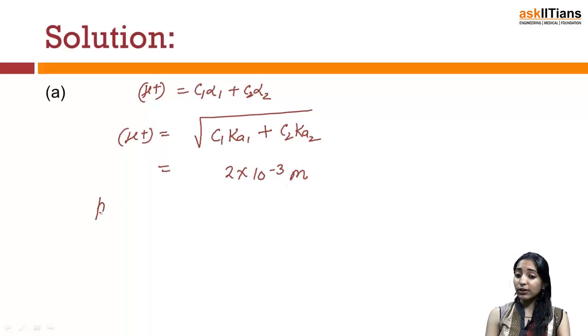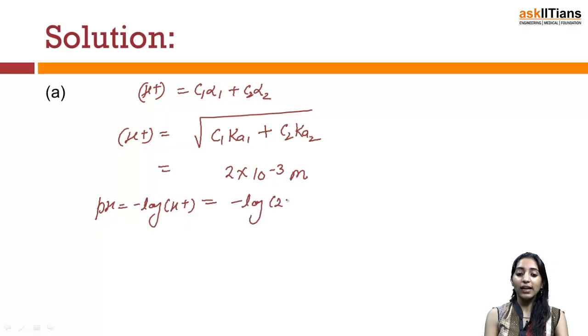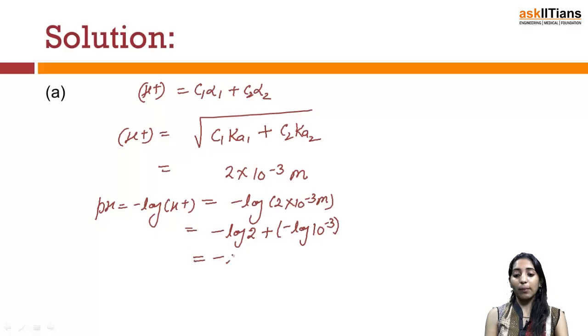Now if the value of H positive is 2 into 10 to the power minus 3 molar, I can say pH will be minus log of H positive, which is nothing but minus log of 2 into 10 to the power minus 3 molar, which is minus log of 2 plus minus log of 10 to the power minus 3.